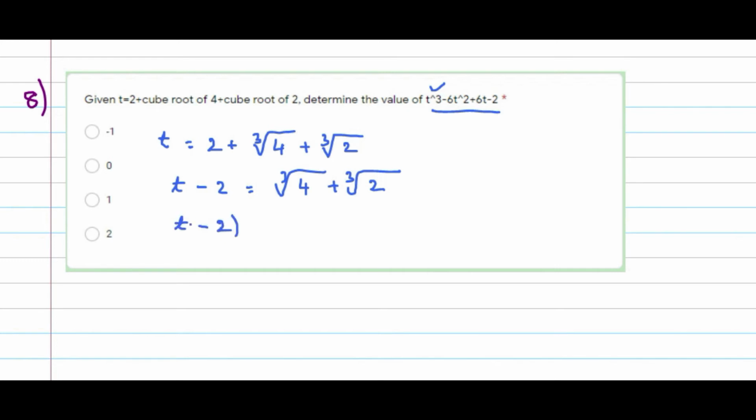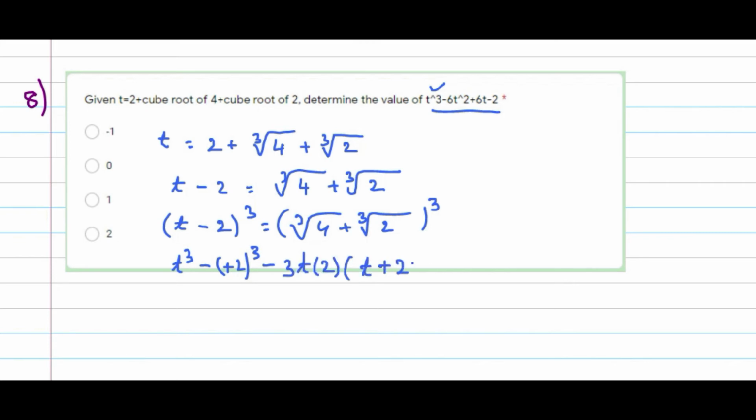So t minus 2 whole cube is equal to cube root of 4 plus cube root of 2 whole cube. So now it will be a cube plus b cube. Okay, you can take it as a cube minus b cube. Yes, a cube minus b cube minus 3ab into a plus b.